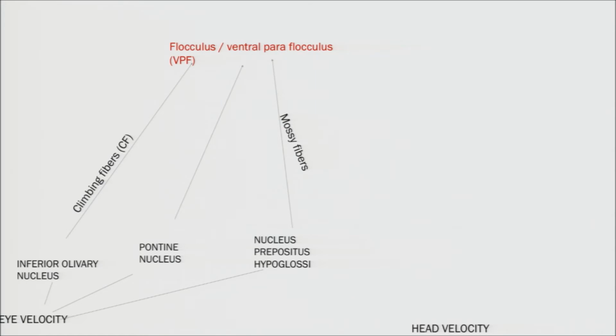The most important, which has been studied so far, is the climbing fiber. So the climbing fiber reaches the paraflocculus and gives it the feedback for motor learning to happen. Head velocity will go through the vestibular nuclei itself. So this is the latest hypothesis, that there could be a motor learning site in the vestibular nuclei.